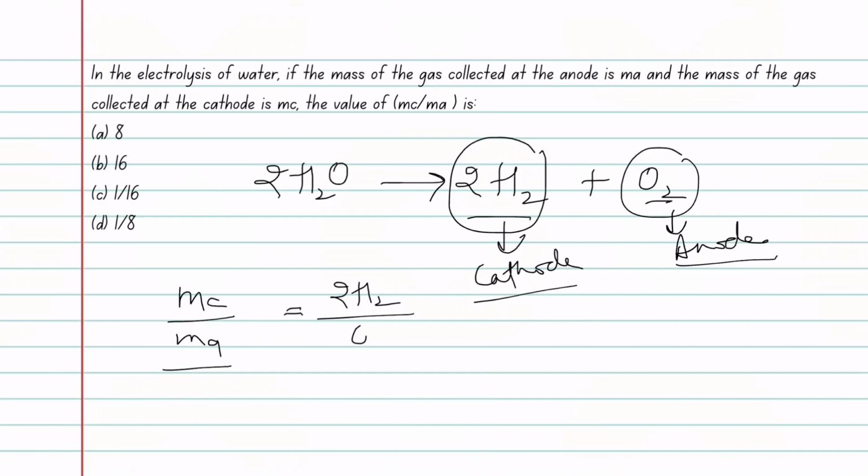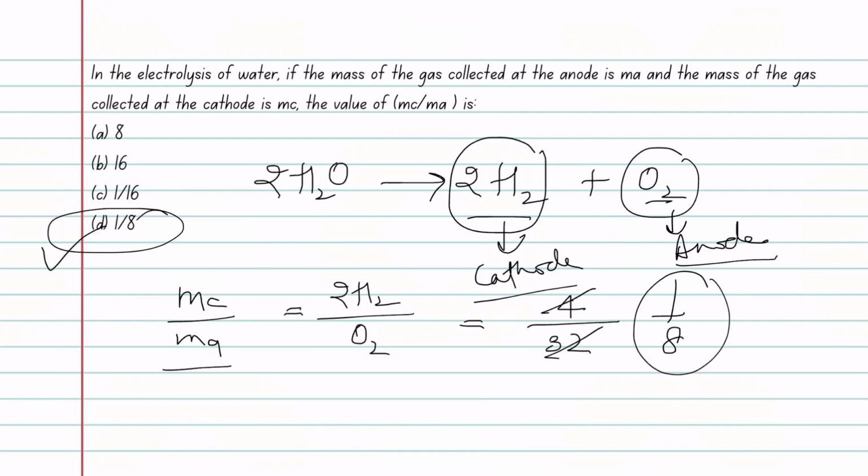At the anode we have 1 molecule of oxygen. So the mass of hydrogen is 1, 2 times that, and then 2 multiplied to the whole thing makes it 4. Oxygen mass is 16 times 2 because there are 2 oxygen atoms, which gives 32. So 1 by 8 would be your ratio and that is your option D.